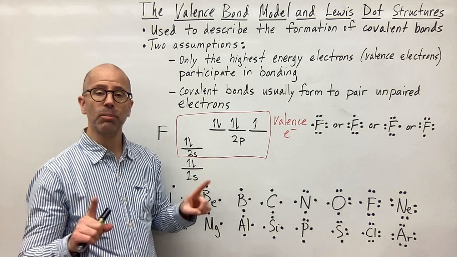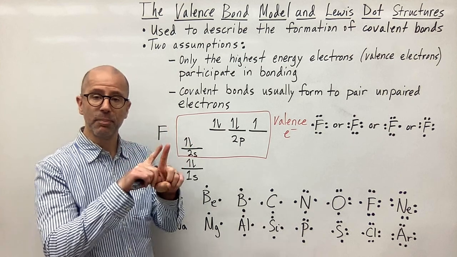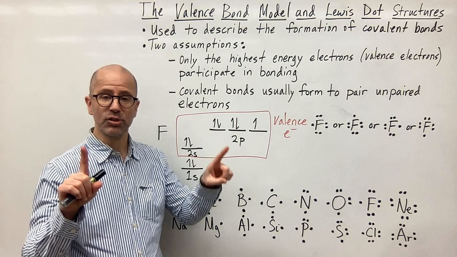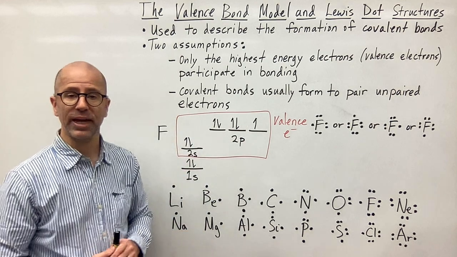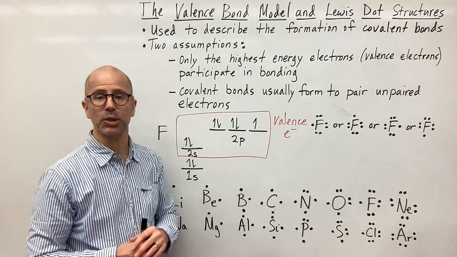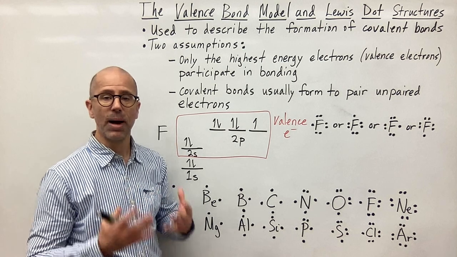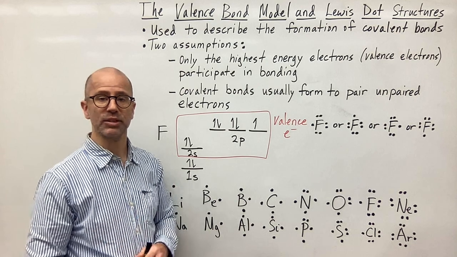Covalent bonds form by pairing up unpaired electrons between the atoms to make a pair. So one unpaired here, one unpaired here, pair them up. All right, so let's go over some examples and I'll clarify exactly what we're talking about when we're using valence bond theory or the bond model to make covalent bonds and covalent substances.